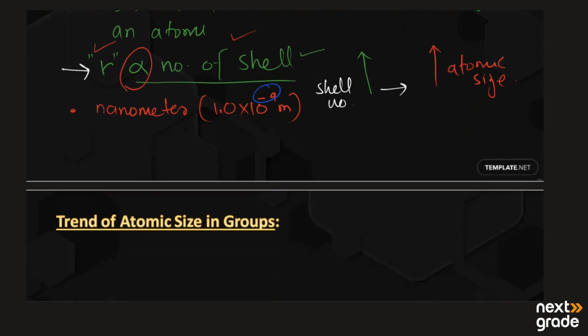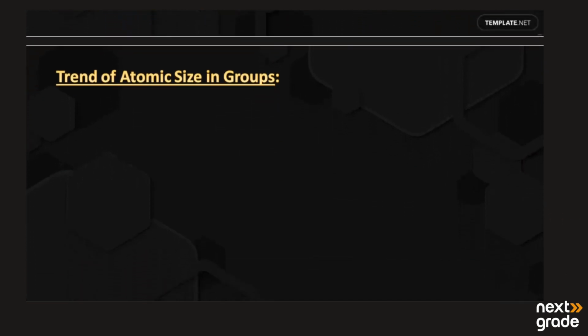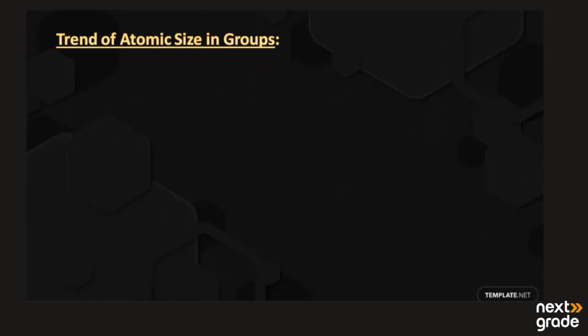Next, we have the trend of atomic size in the group of the periodic table. As the periodic table has been divided into groups, when we move from top to bottom, we have a change in the atomic size. The first element in group 1A is hydrogen, and it has only one shell.